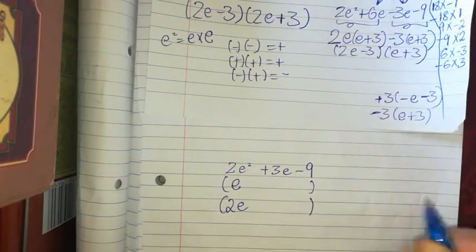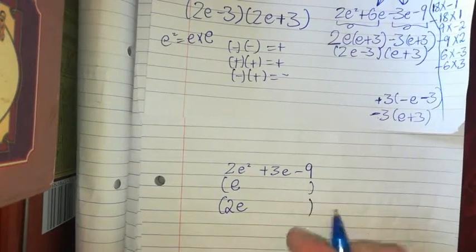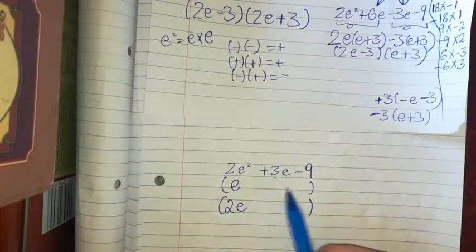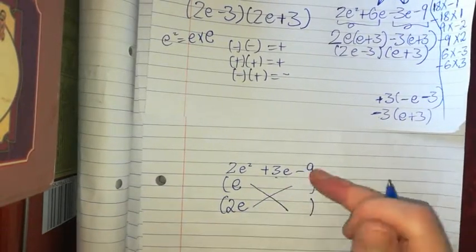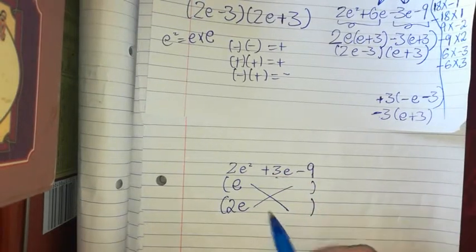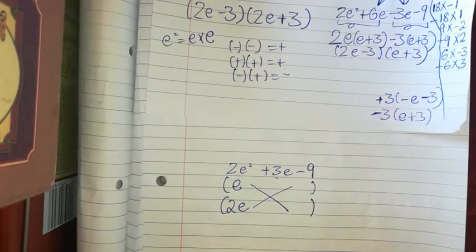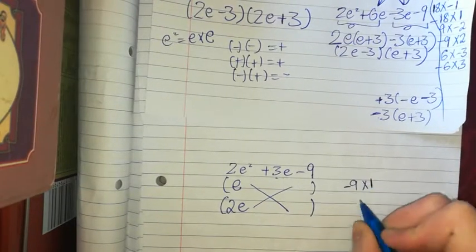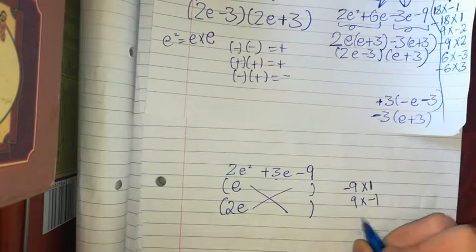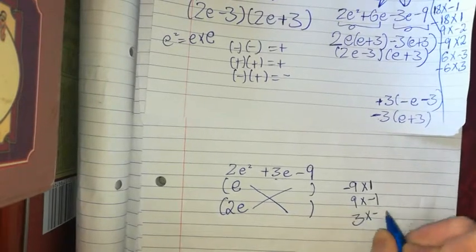So e in one, and then we're looking for the factors of minus 9 that, when multiplied by either e or 2e, will add to give the middle number. So I could have had minus 9 and 1, I could have had 9 and minus 1, and I could have had 3 and minus 3.